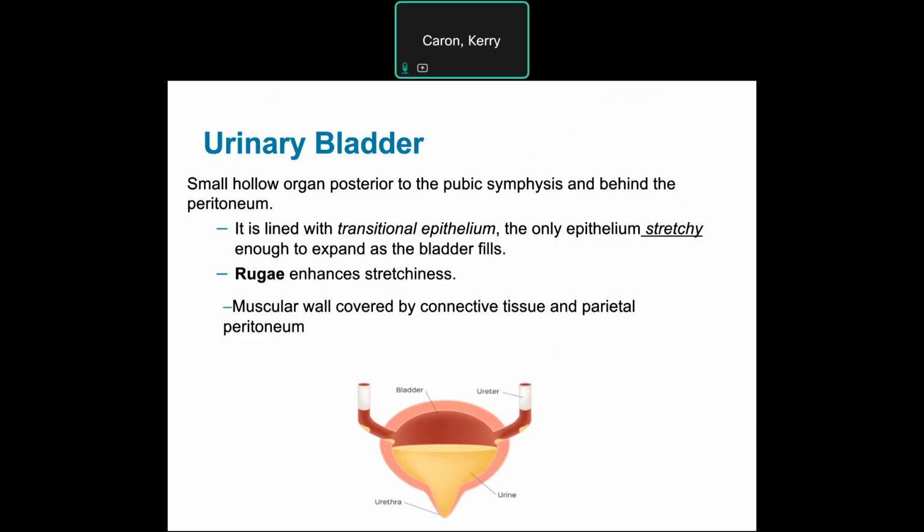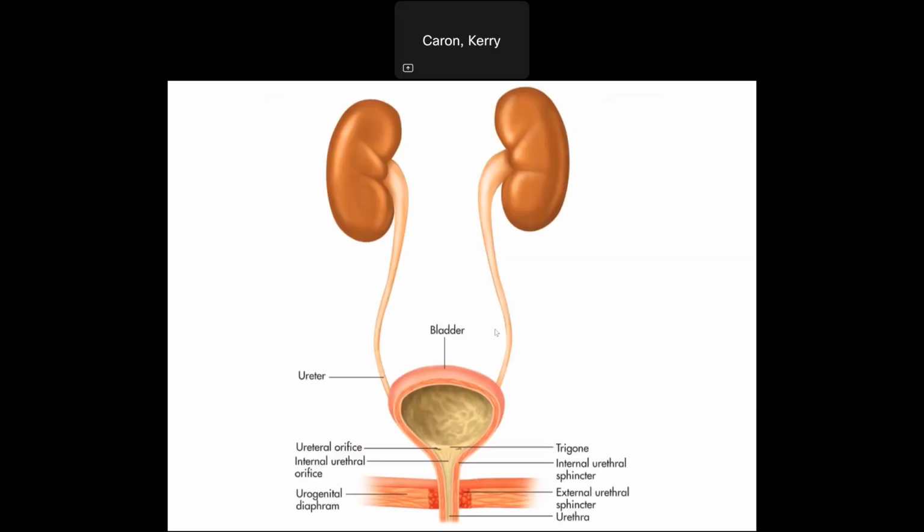It also has rugae, like the stomach, to increase its stretchiness. The muscular bladder is covered by connective tissue and parietal peritoneum. So here we go. Two kidneys, ureters, bladder here. And then we have sphincters that lead to the urethra.